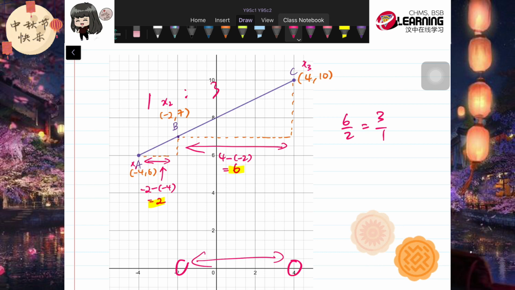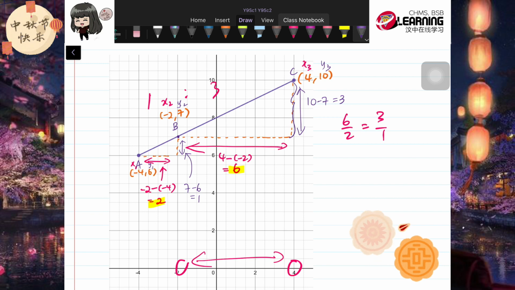I can prove that to you with y. The length y here is y3 minus y2, 10 minus 7, which is 3. Or you can see obviously the length here is 3, from the y-intercept here. And for this small one here is your y2 minus your y1, which is 7 minus 6, which is 1.